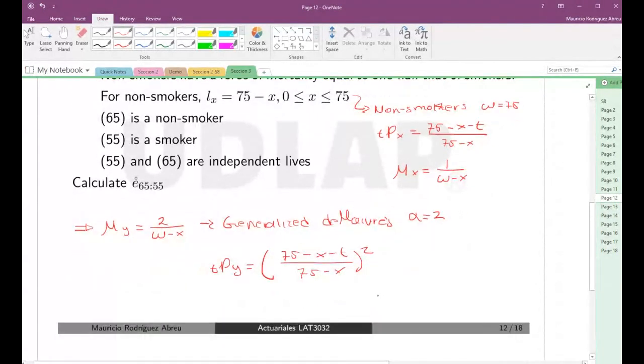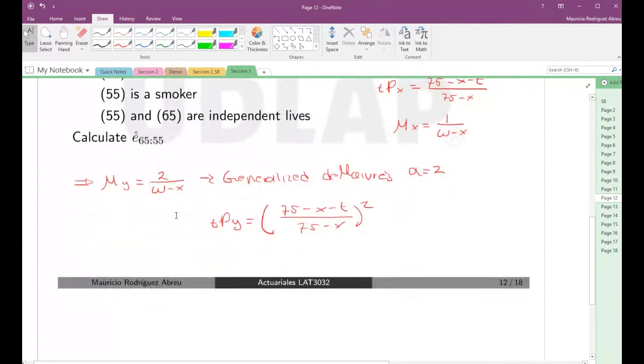And now we can estimate the joint life expectancy. Okay, this means that the joint life expectancy for 65, 55, so this is going to be long.